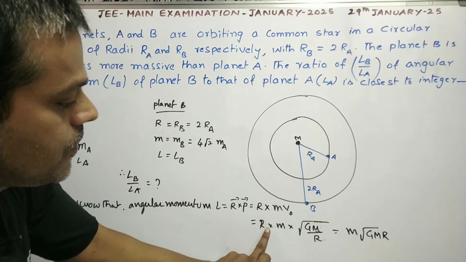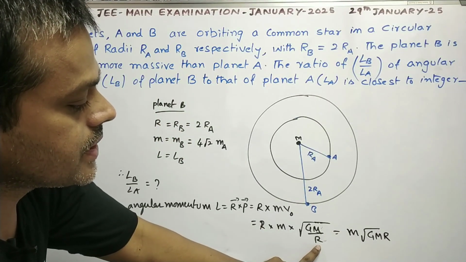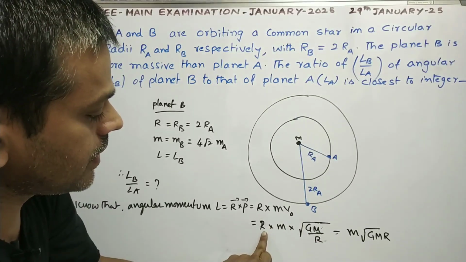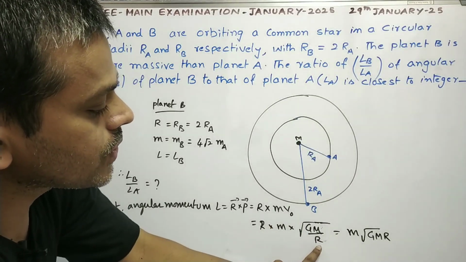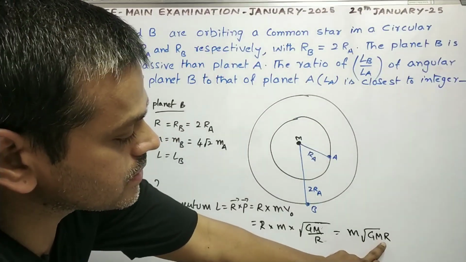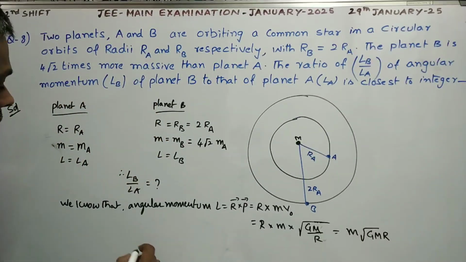Because when one R is taken outside, root R is written as root R into root R, so one root R cancels and one root R remains.